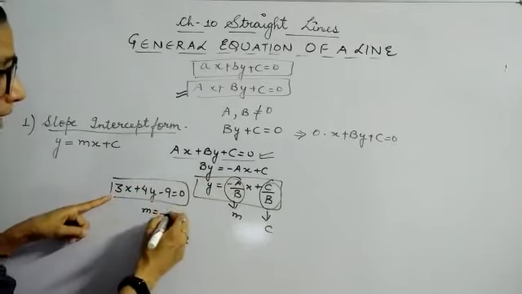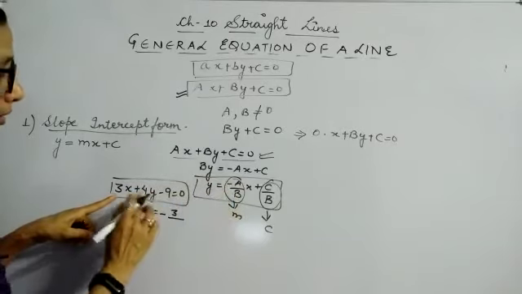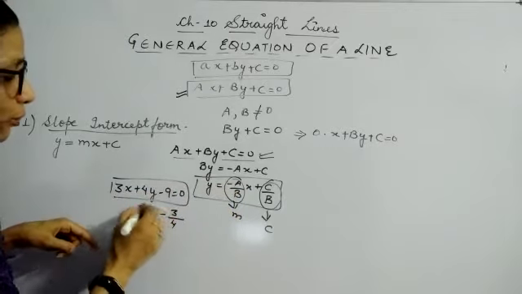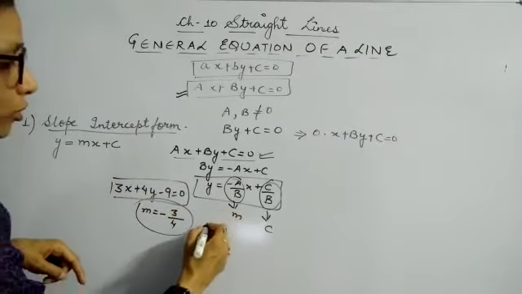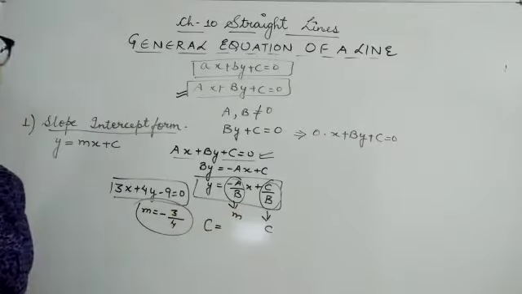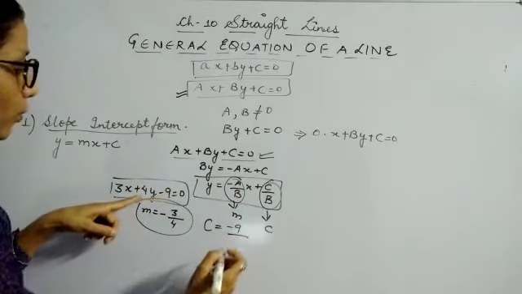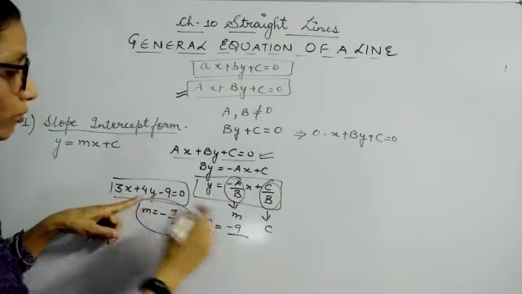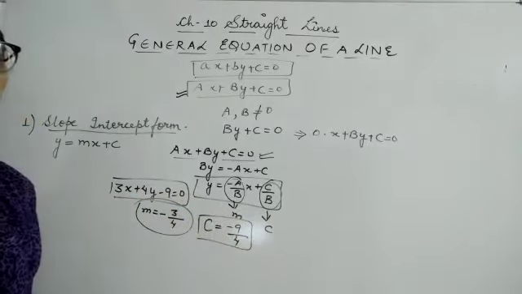The coefficient of x, so this is 3, upon the coefficient of y, so here it is 4. So your m equal to minus 3 by 4. And what is your constant? If I want to calculate the constant, then it is minus C upon B, which is minus 9 upon B. B is the coefficient of y, that means 4. So these are the values of slope and constant value.